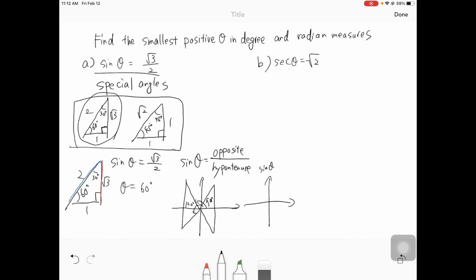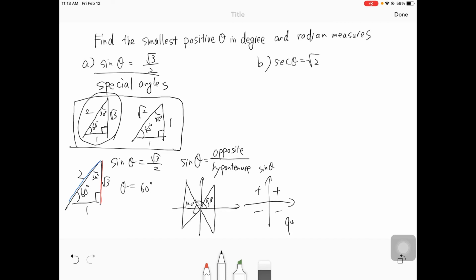depending on which quadrant theta is in, the value is different, positive or negative. I mean, if theta is in the first quadrant, the value is going to be positive, and in the second quadrant as well. But the third and fourth quadrants are going to be negative. If you have no idea what I'm talking about right now, please check out my previous video.